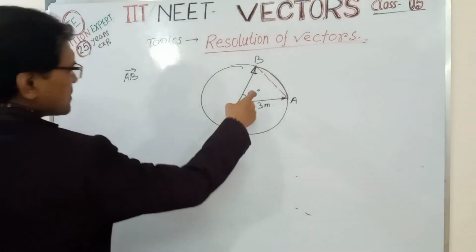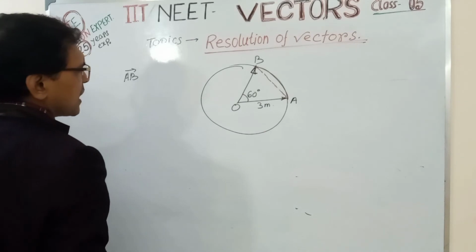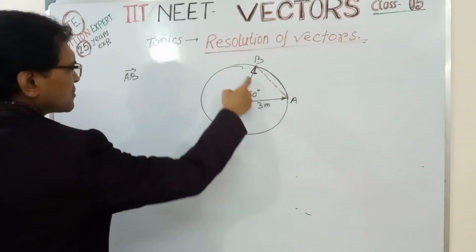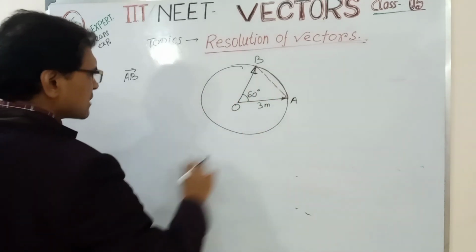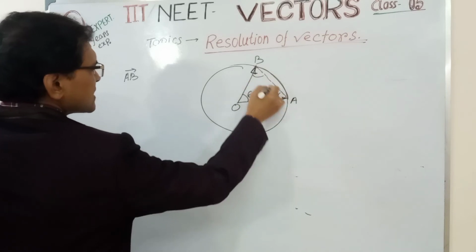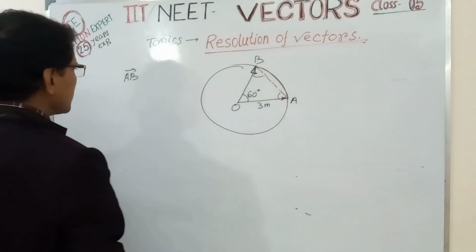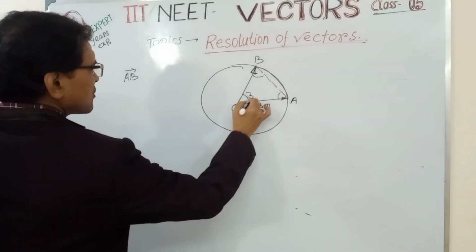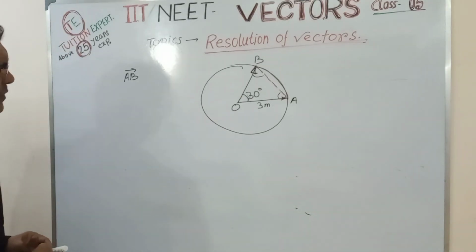If this angle becomes 60 degrees, then the triangle will be equilateral, because these two sides are equal, being radii, so the other two angles are also 60 degrees, and this side will be 3 meters. But if this angle is not 60 degrees, suppose 30 degrees, then what is the result? Find the vector AB.